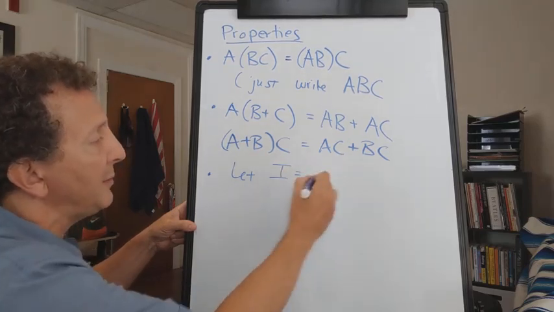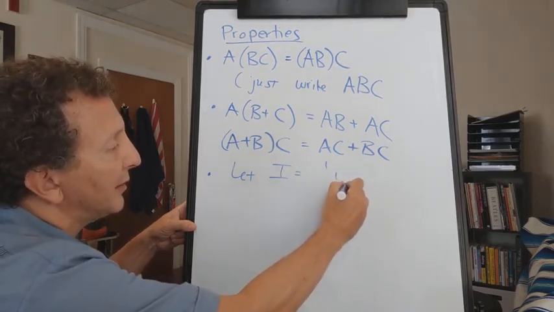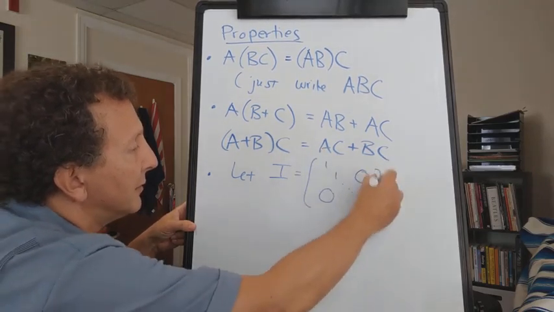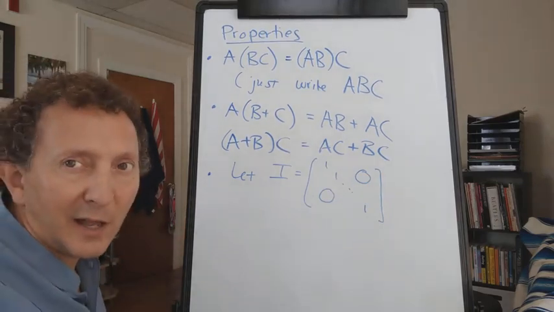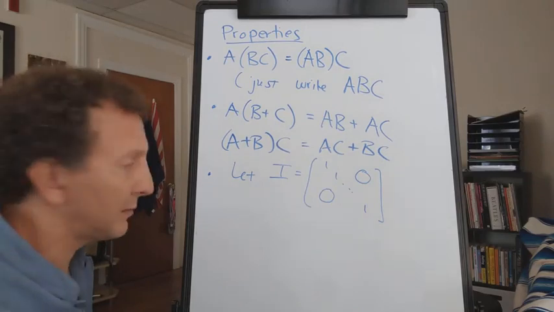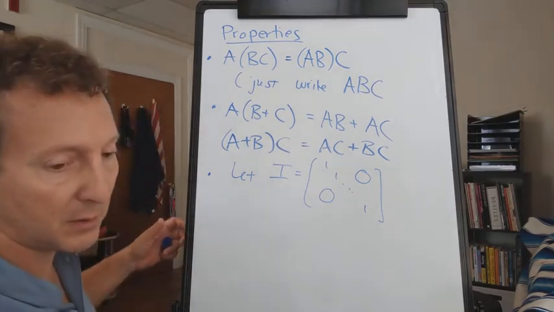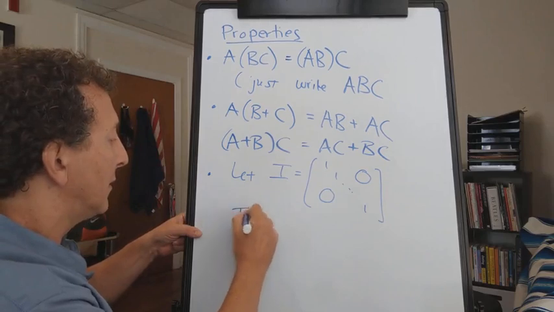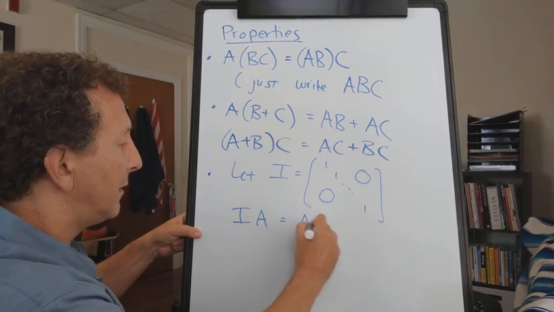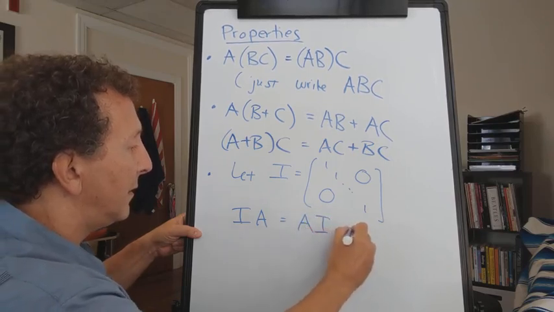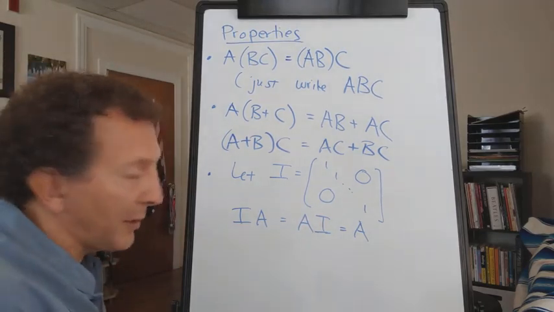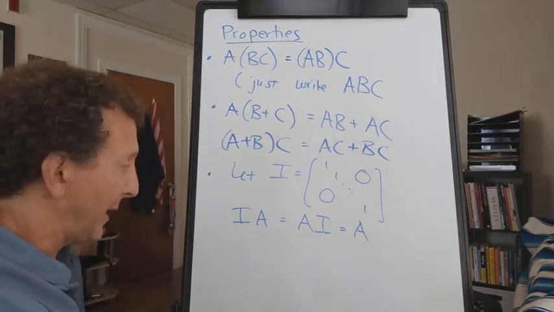Recall, we let I be the matrix that has ones on the diagonal and zeros every place else. The identity matrix acts a little bit like the number 1, in the sense that when we multiply by it, nothing happens. So we can multiply by it on the left, multiply by it on the right, and we just get our matrix back.